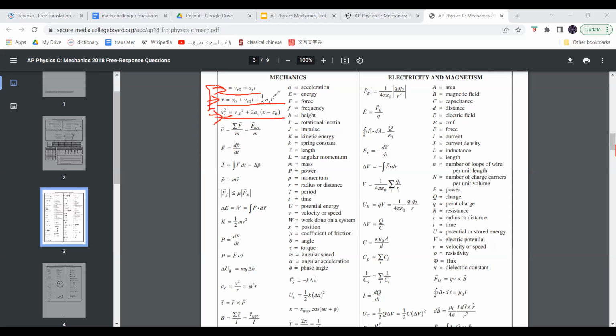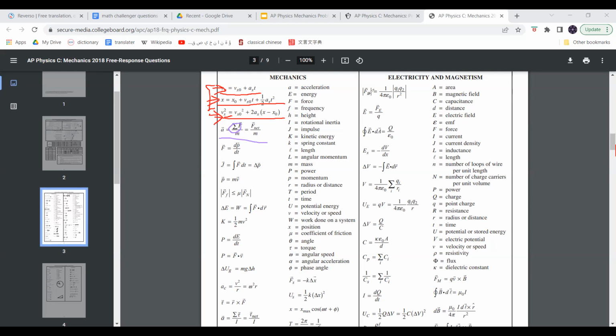This equation down here is Newton's second law, F equals ma. Although F here does not actually reference a single force, it references the total force in the system, which is why they call it F net. This is just sigma notation, just saying it's the total force or net force.